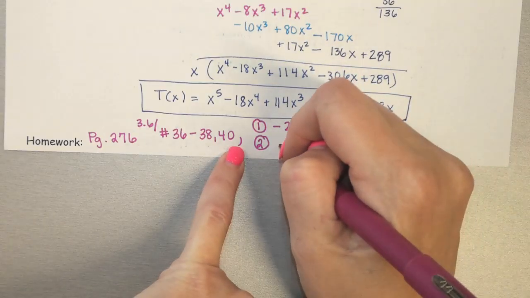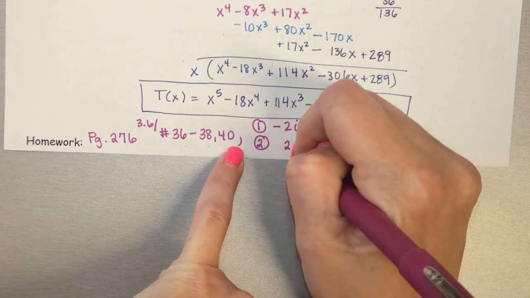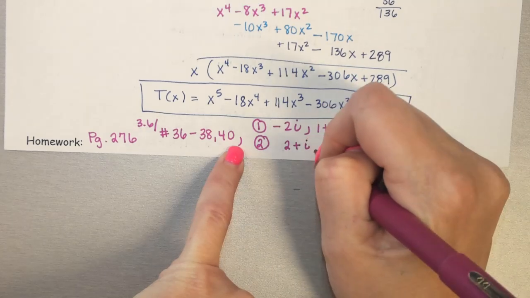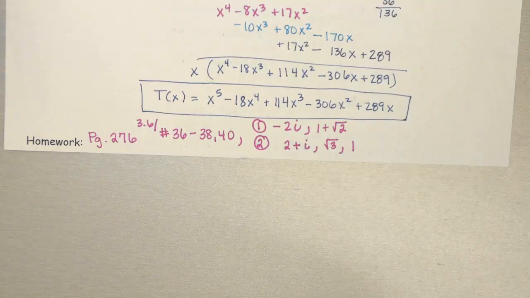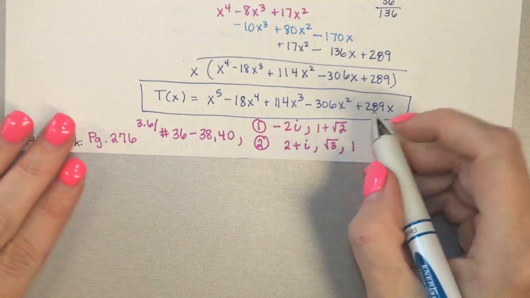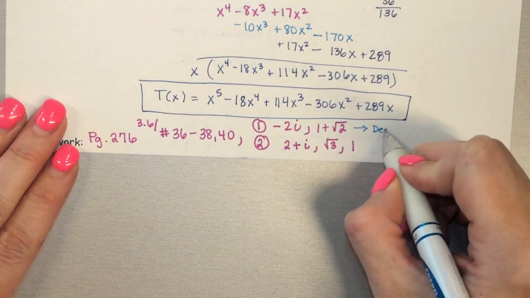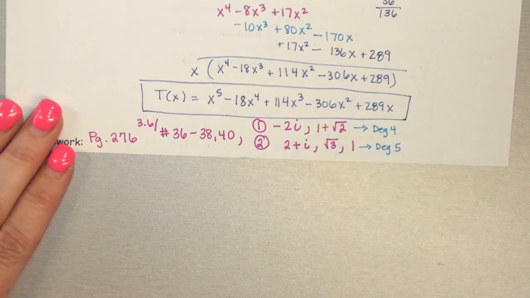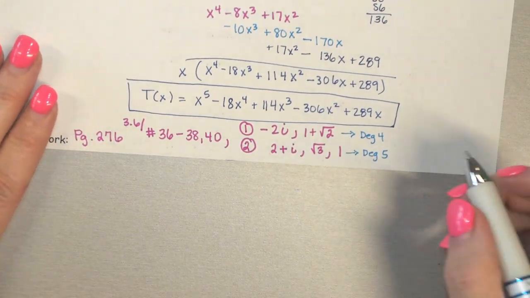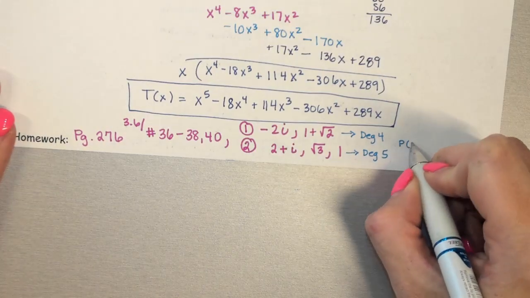And I'm going to give you the degree as well. And then 2 is 2 plus i, root 3, and 1. For number 1, the degree is 4. For 2, the degree is 5. And you can call both of these p of x.